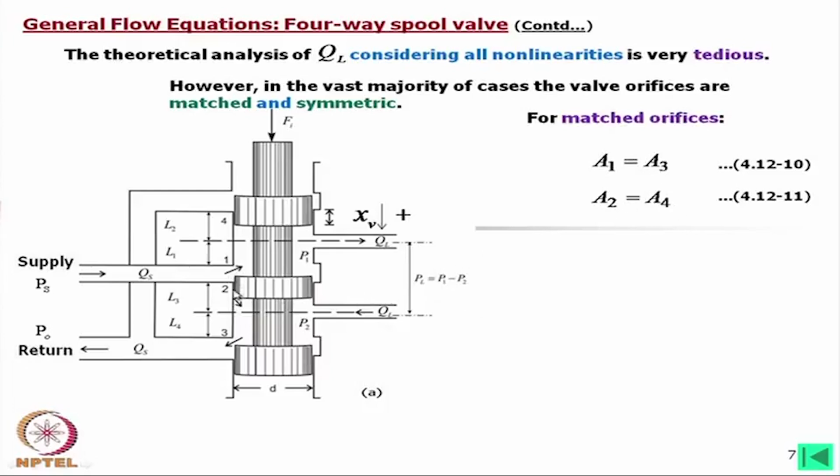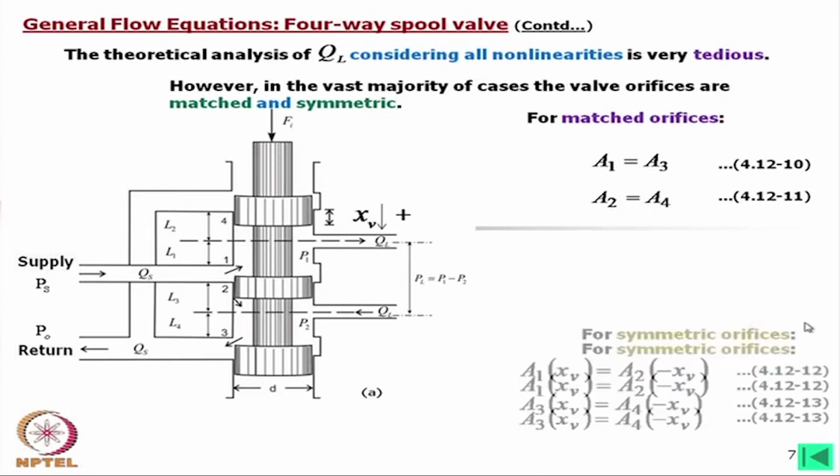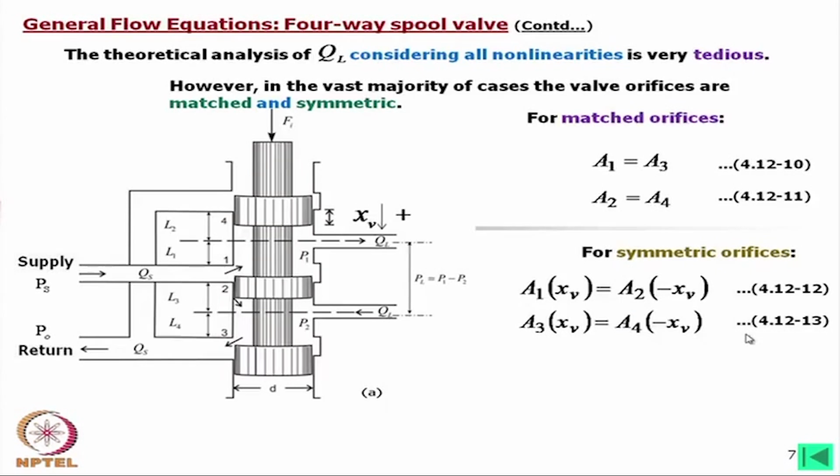What is A2 in this case? A2 is nothing but this clearance, and it is a capillary passage, although it is an orifice. This means if we move in the opposite directions, then for the same xv or minus xv, A2 must be equal to A4. So, that is the definition of matched orifice. Now, what is a symmetric orifice?